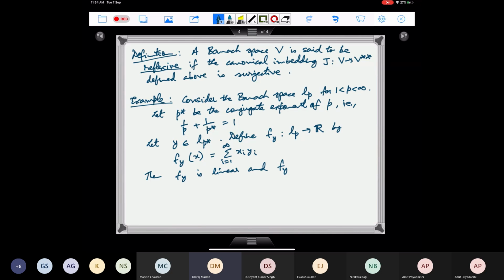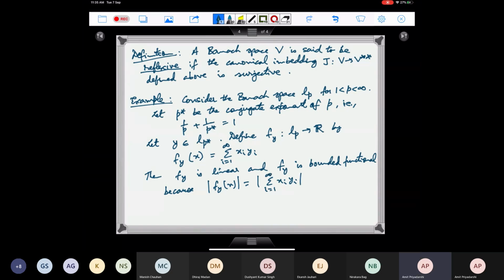I think yes, by Holder's inequality. So f_y is a bounded functional. This is because if we look at the modulus of f_y of x, that is equal to the modulus of the summation of x_i y_i, i equal to 1 to infinity.